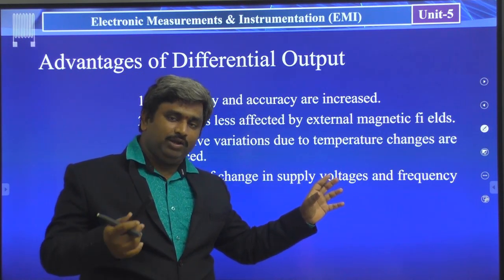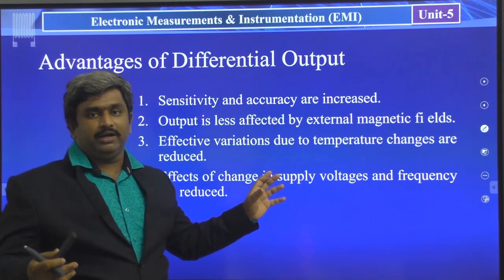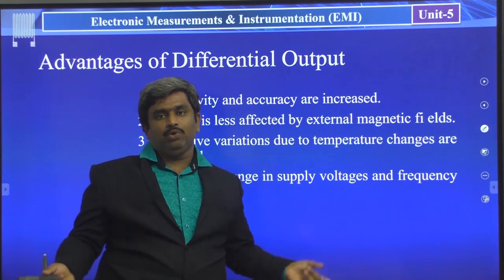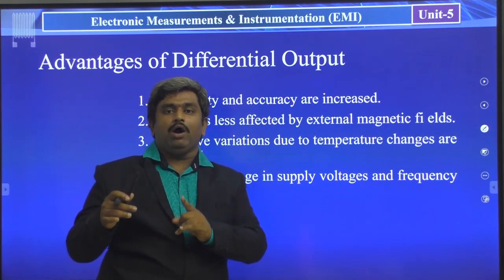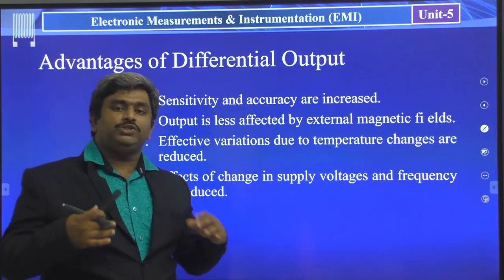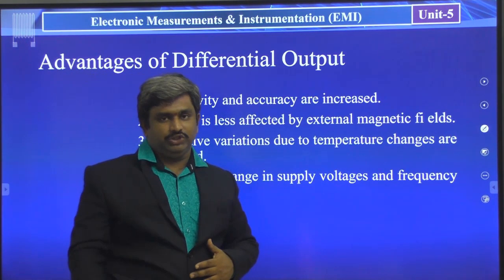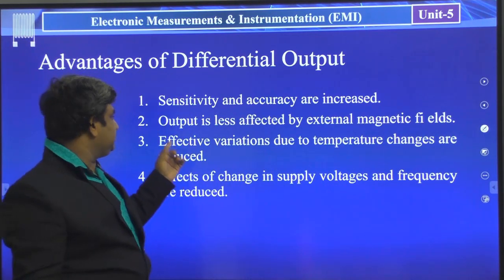The remaining 30 volts we can observe at the second output side. By combining these two voltages you will get the exact output voltage. With this you can identify how much output voltage is generating and how much is not generating. That you can identify easily.